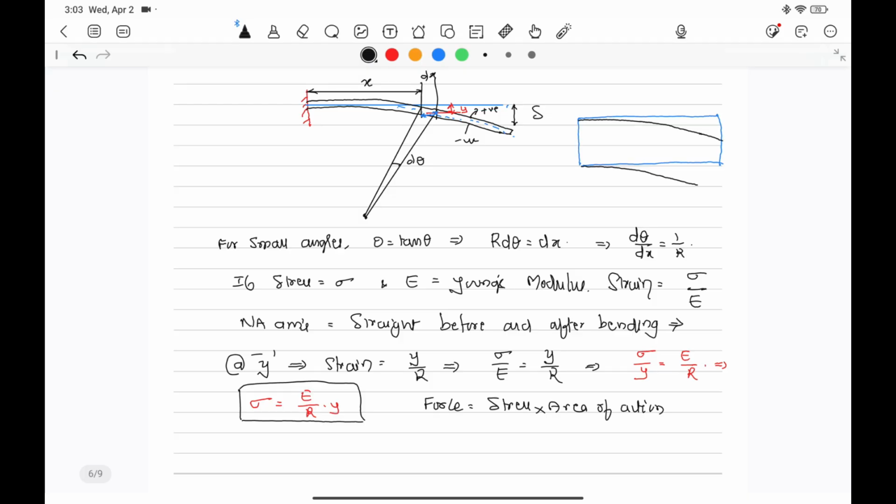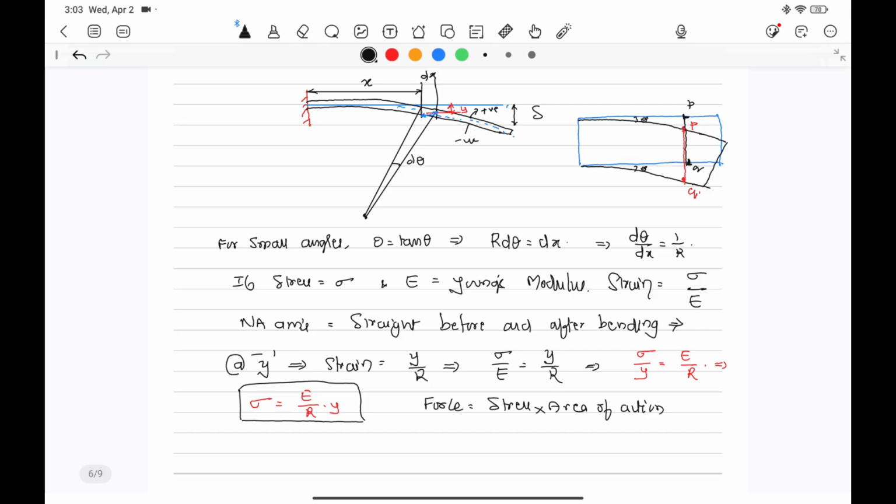Don't think that it will be like this. That means the element PQ changes to P dash Q dash. This will not be that much. I am just showing you. This is the original portion. This is the distorted portion because of the force. That distorted portion is making an angle theta.